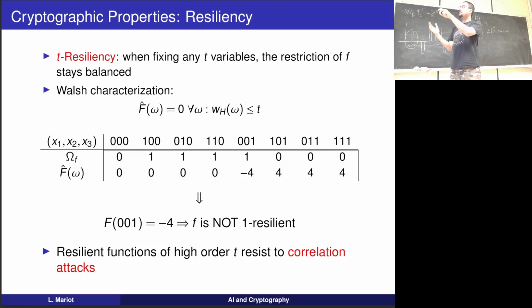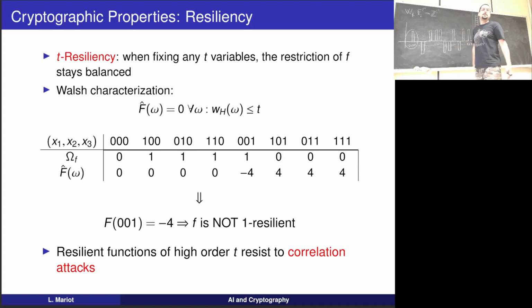So when you are considering t equal to 0, it means that you are considering only one vector, the null vector that has Hamming weight 0. So it doesn't have any 1. And it means that that is the null coefficient of the Walsh transform, and if it is 0, then it means that the function is balanced. So basically, 0 resiliency corresponds to balancedness.